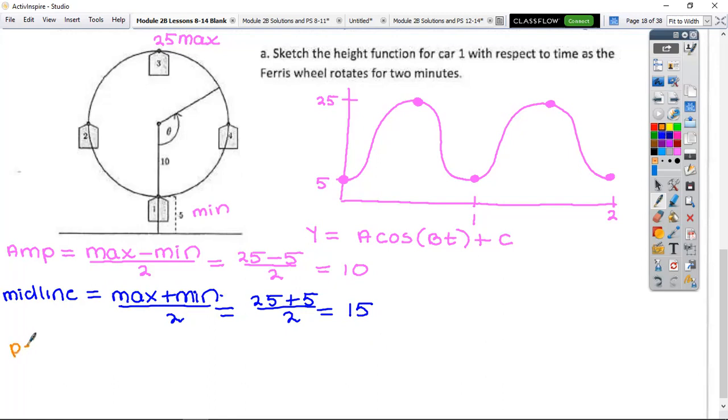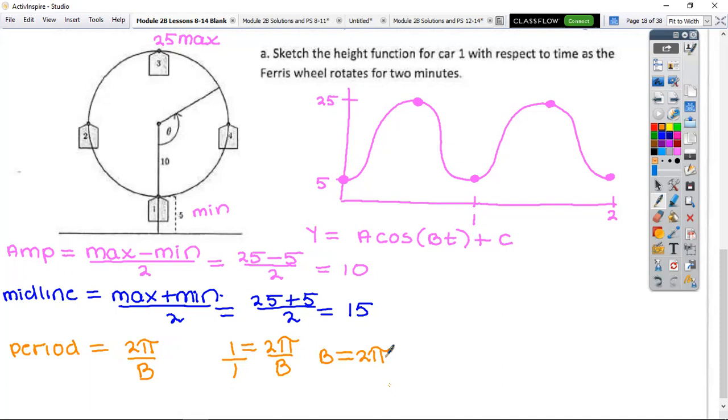So period is equal to 2 pi over frequency, when frequency is the letter B. And the period was the time it took to make one full rotation. So that right here would be 1 minute. So I go 1 is equal to 2 pi over B. Cross multiply, and I get B is equivalent to 2 pi.